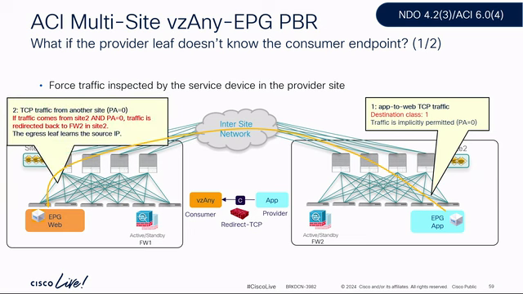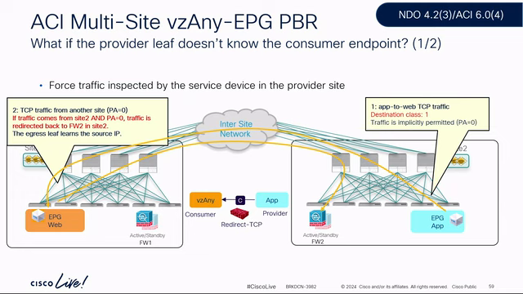Then a new behavior kicks in. The egress leaf in site 1 receives traffic from site 2 without policy applied. The policy applied bit is 0, and the source TEP is the overlay unicast TEP of site 2. So the destination leaf can identify this is from site 2, where firewall 2 was supposed to be inserted, but it's not.